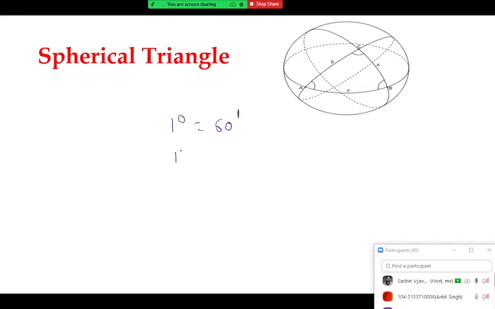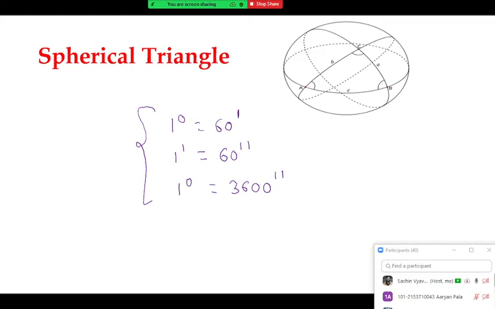And what about 1 minute in seconds? 60 seconds. Correct. So what about 1 degree in seconds? 3600 seconds. Yes, 1 degree is 3600 seconds. So that is about the relations, and these relations can be used for conversion purposes only.